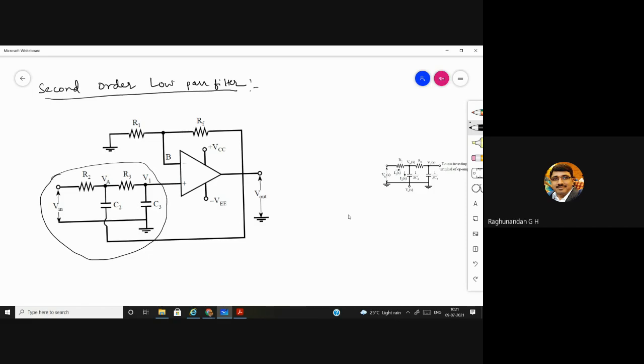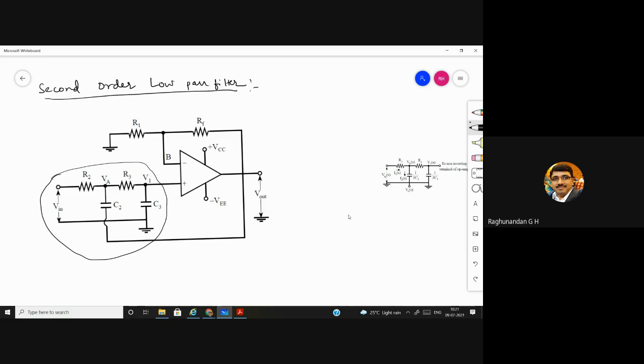So we need to just consider the filtering part, and we need to design that, and we need to find out the input signal based upon this filtered signal. Because whatever the input which is given to the op-amp, that will be V1. Even though Vin is the input, it has to pass through this filtering circuit, and that will be given at V1. Afterwards, by virtual ground concept, we apply and we find out the Vout.